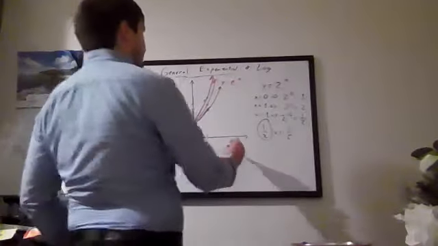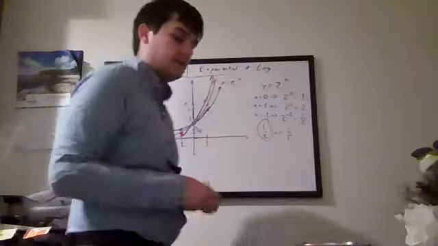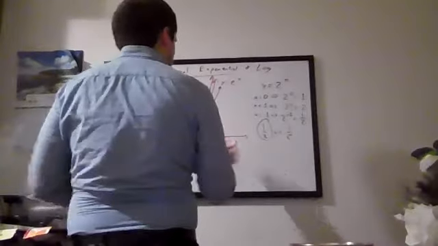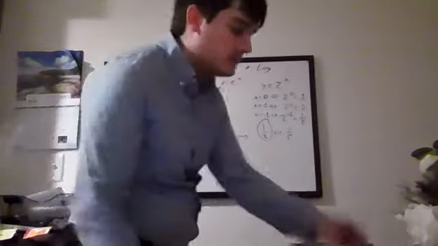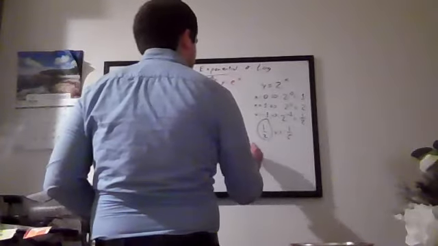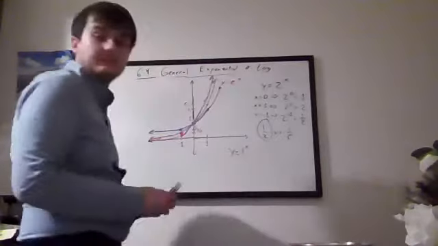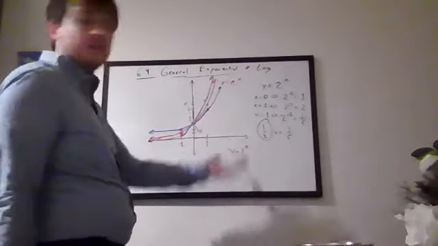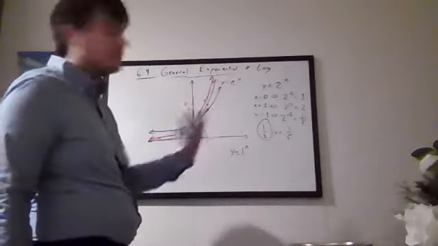A funny one to think about is the graph of y equals 1 to the x power. Now anything, if I take 1 and raise it to any power, it's still 1.